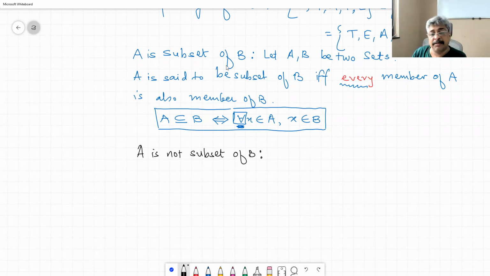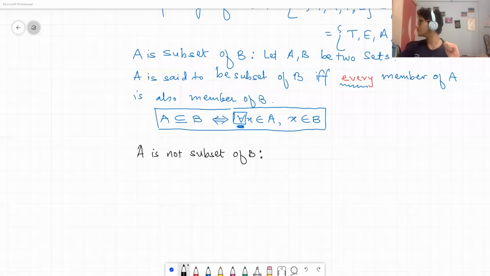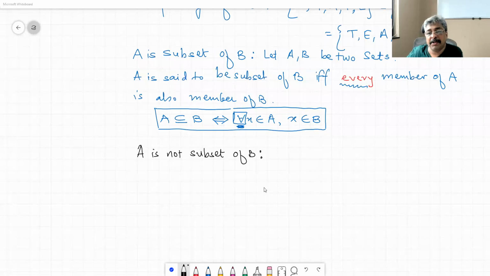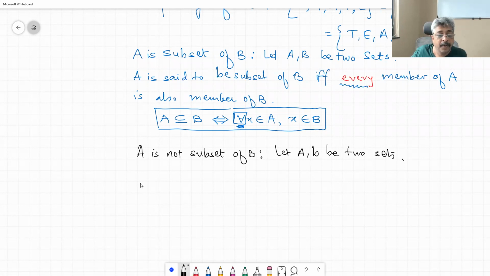A is not a subset of B. Let A, B be two sets. Okay, now we understand what we want to write. So let us write it in mathematical terms.